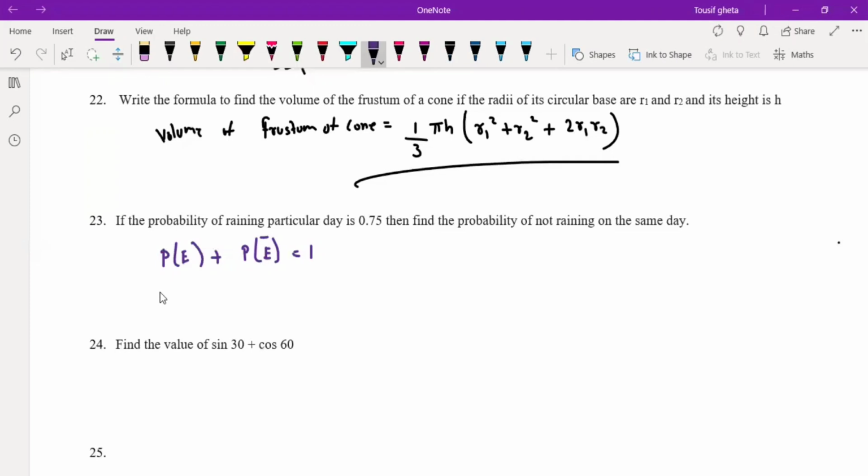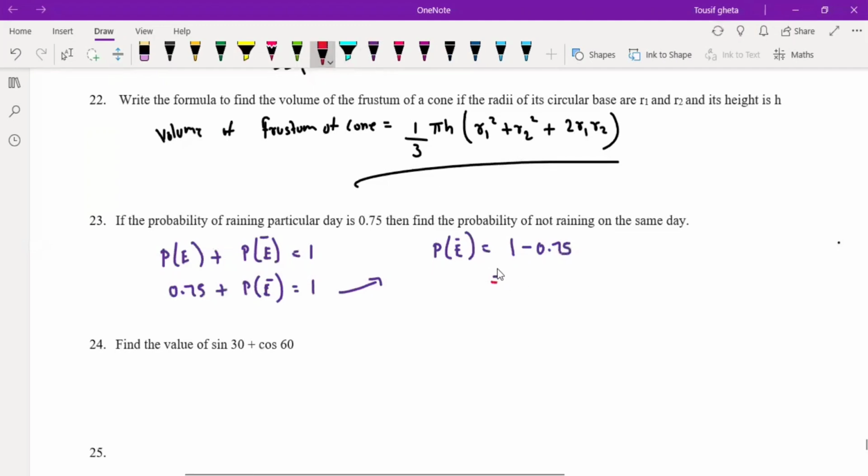P of E is nothing but raining. So the raining probability they give as 0.75, plus the probability of non-raining, which we don't know. We're going to write P of not E as it is. So transpose in the next step. P of not E is equal to 1 minus 0.75.